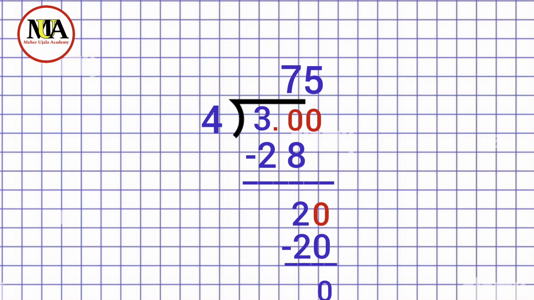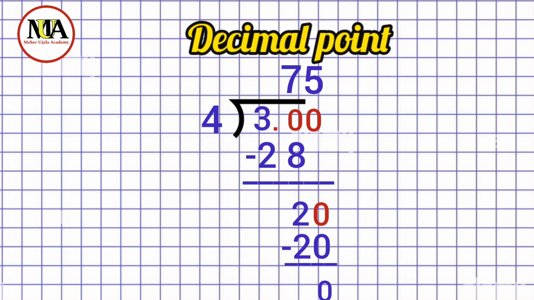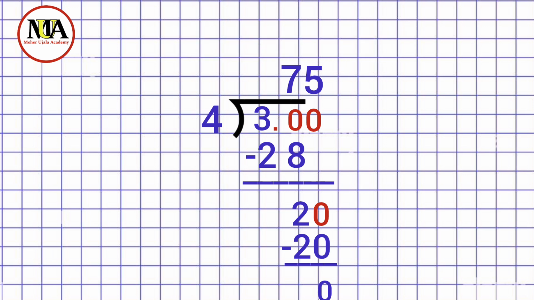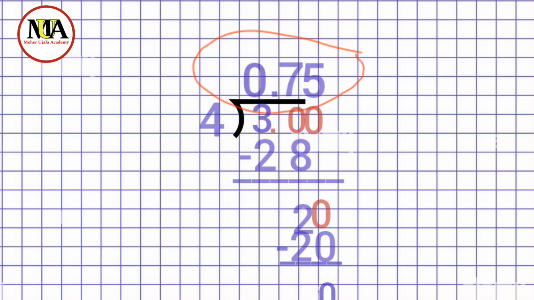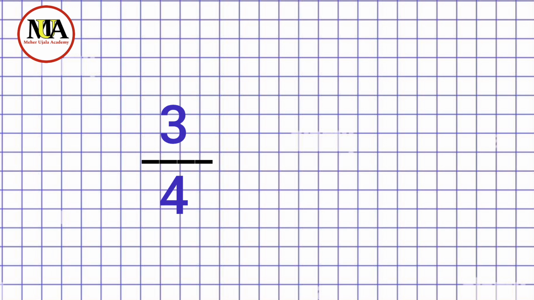But don't forget, we need to include the decimal point in our answer. If you have kept your columns lined up like I have, you will see that the decimal point goes right here. And this makes your answer 0.75. So the decimal value of 3/4 is 0.75.